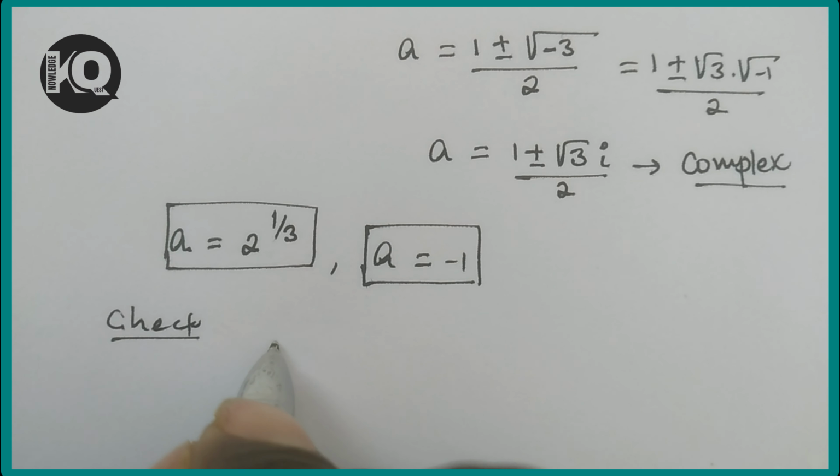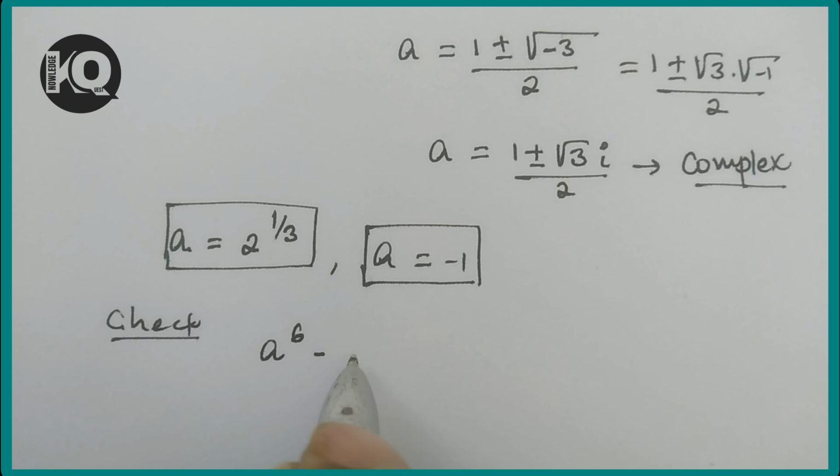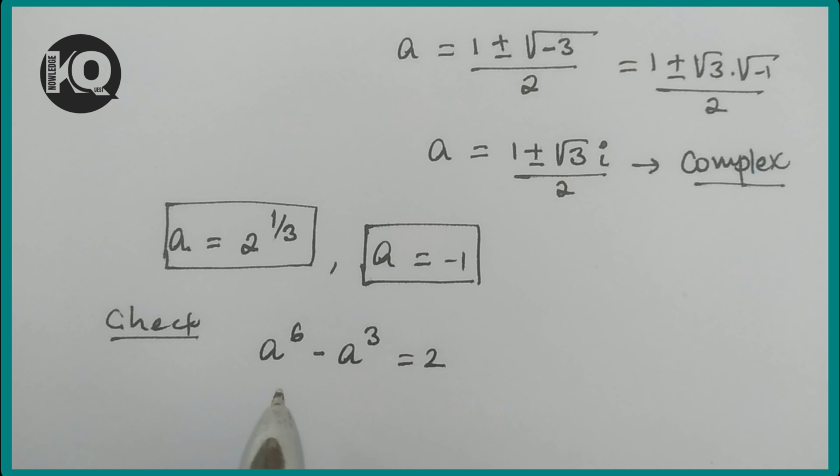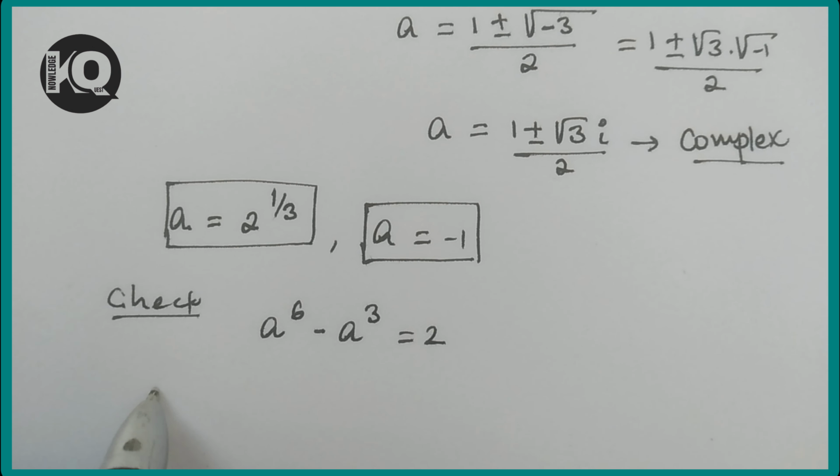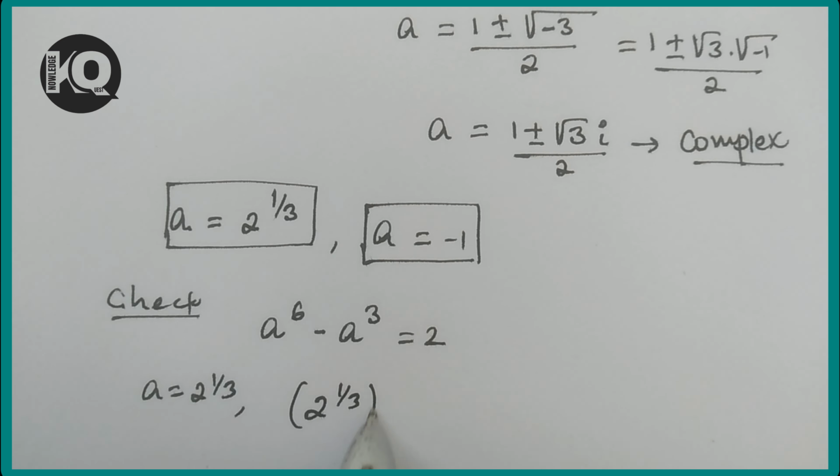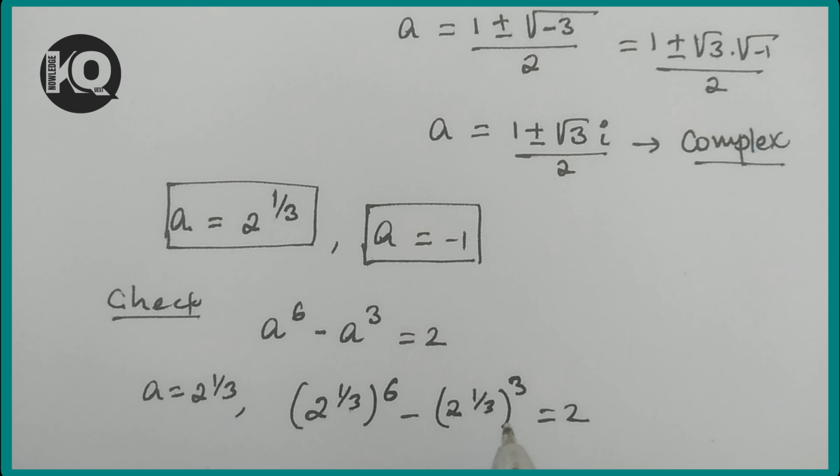So we have a to the power of 6 minus a to the power of 3, which is equal to 2. So when a is equal to 2 to the power of 1 over 3, we have 2 to the power of 1 over 3, to the power of 6, minus 2 to the power of 1 over 3, to the power of 3, which should be equal to 2.